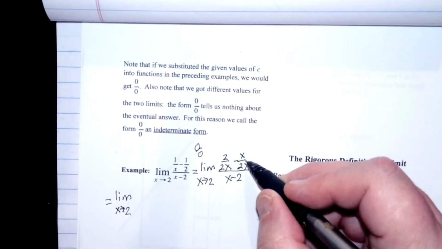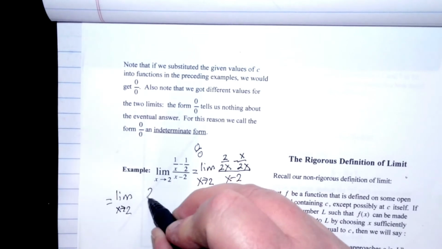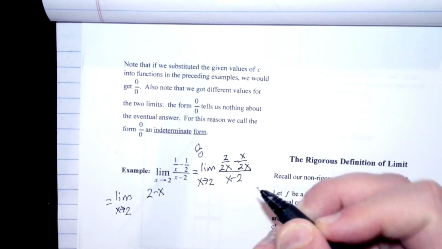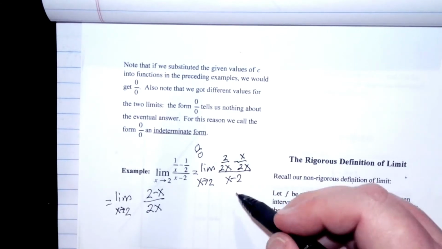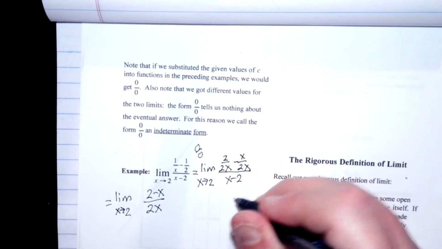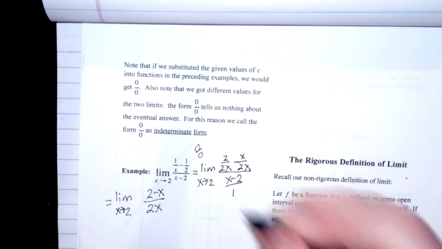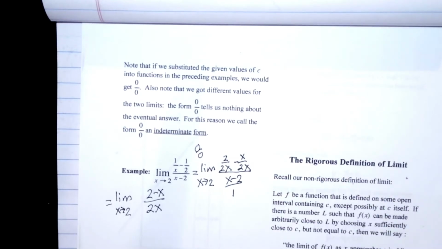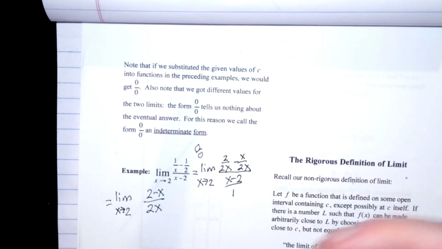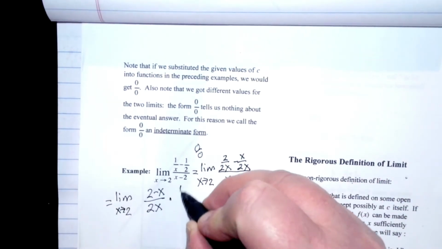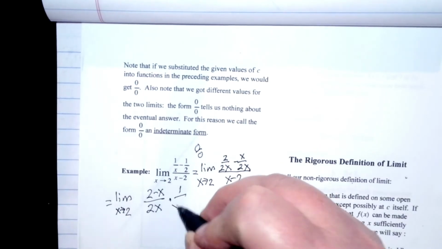So what we're going to have in the numerator is 2 minus x over 2x. And now we're dividing by x minus 2. Well, you can think of x minus 2 as x minus 2 over 1. And instead of dividing by x minus 2 over 1, we can multiply by its reciprocal, 1 over x minus 2.